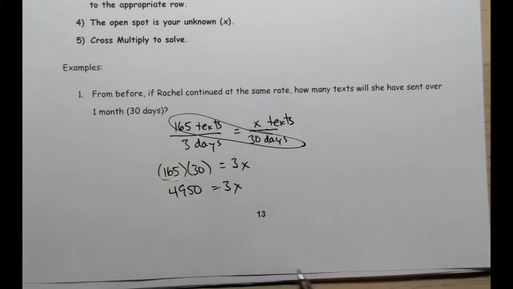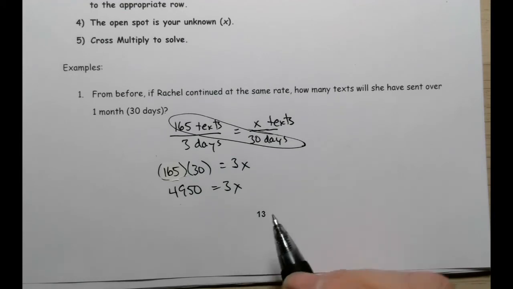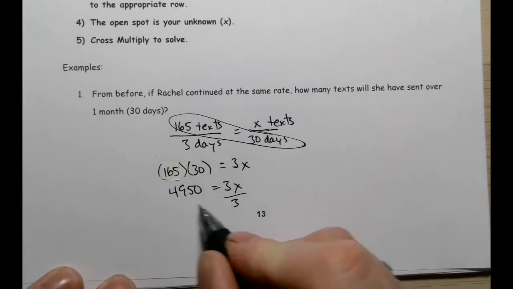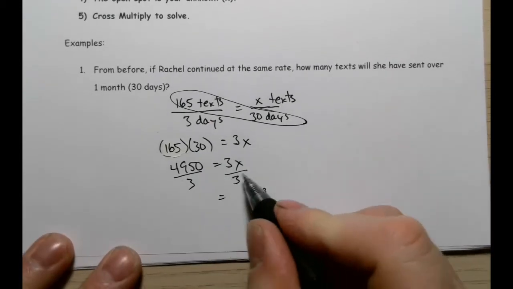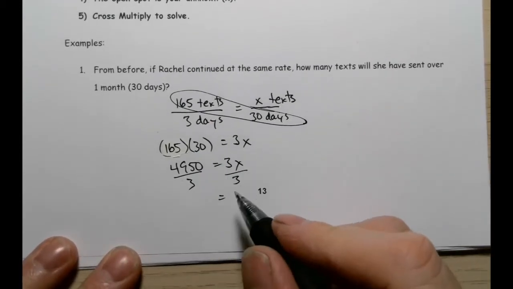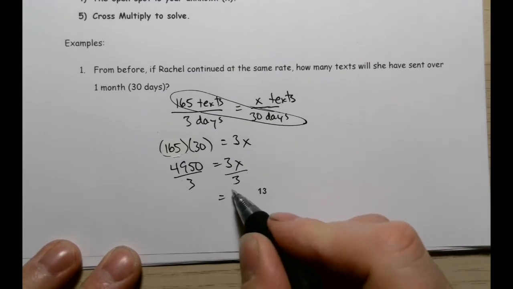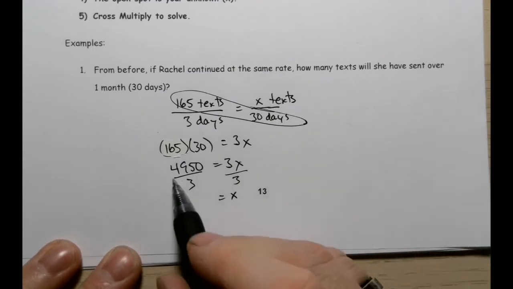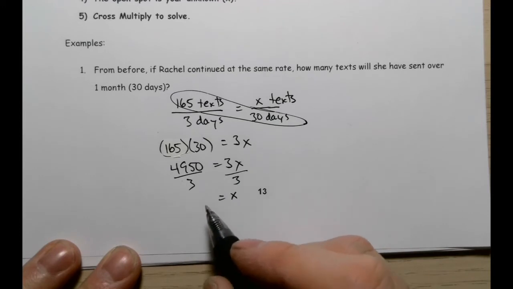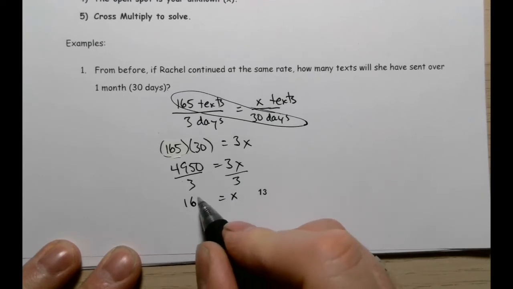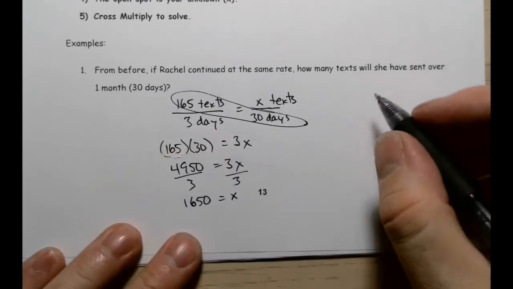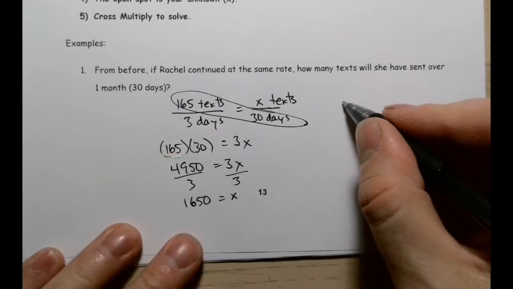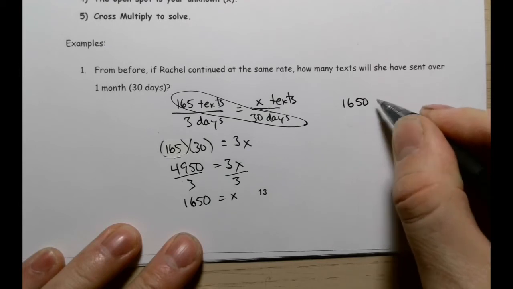On the right-hand side, the 3's cancel. 3 divided by 3 is 1, and it's just going to leave me with 1 times X, so X. And 4,950 divided by 3 is 1,650. So over the course of a month, we would expect her to send 1,650 texts.